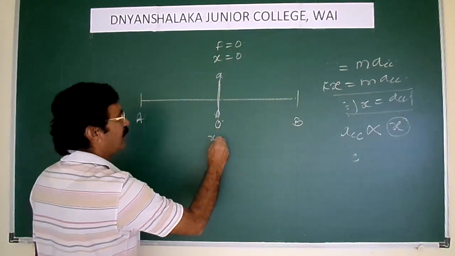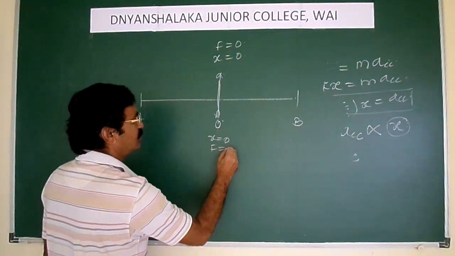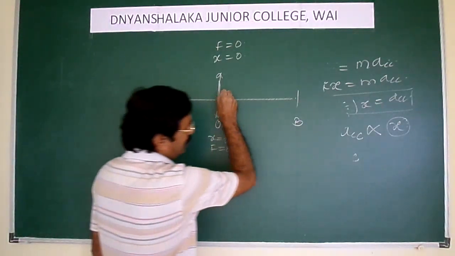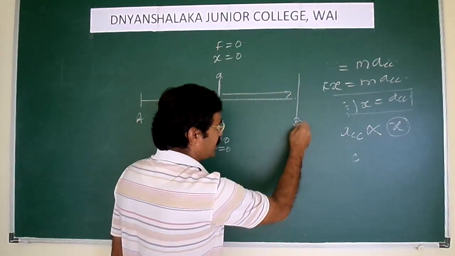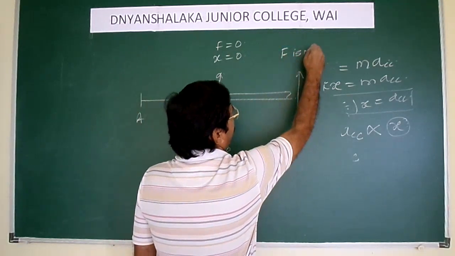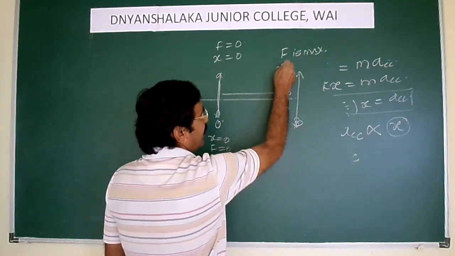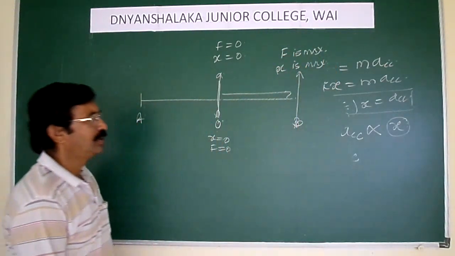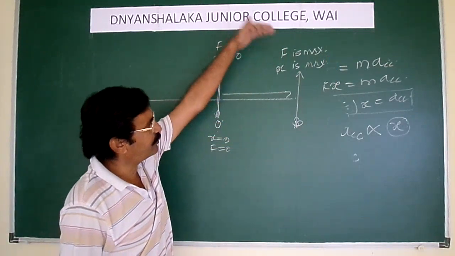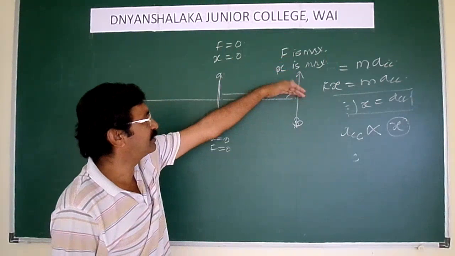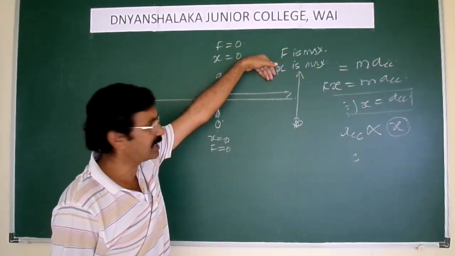So x is equal to 0, F is equal to 0. When the object moves to the extreme position over here, F is maximum when x is maximum. The restoring force will have its magnitude maximum when the displacement is maximum, though their directions are opposite.